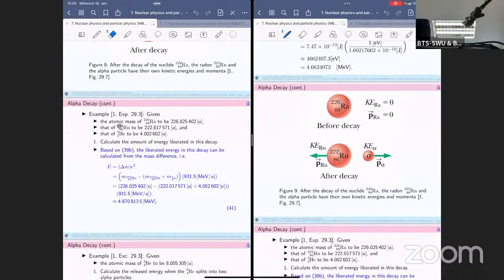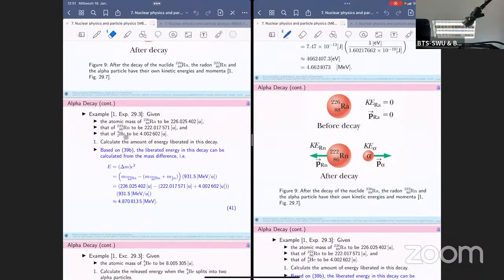Please differentiate it. This is the mass number. When the ending word is number, it should be an integer, but for this one it is atomic mass, the actual mass of that atom. For helium 4, 2, this one, the alpha particle, they have provided the atomic mass of the alpha particle as 4.002602.